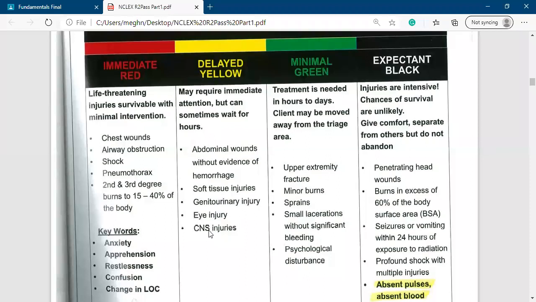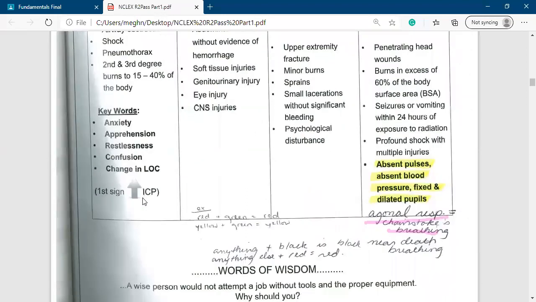Examples of immediate red tag are chest wound, airway obstruction, shock, pneumothorax, meaning air inside the lungs, or second or third degree burn or major burn. They need immediate care, right?